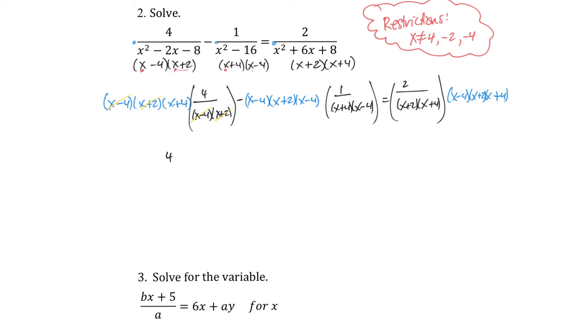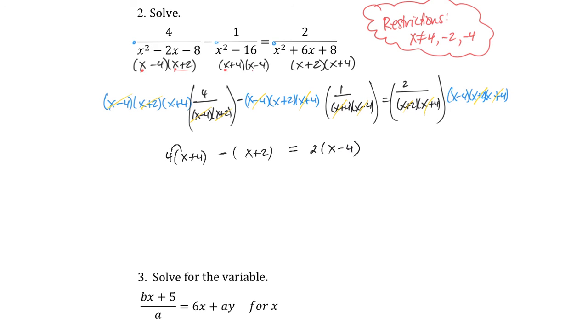So I have here 4 times x plus 4, and then the x minus 4 is simplified to 1, oh, this should have been plus 4, and those divide out evenly to 1, so then I have minus x plus 2, and over here my x plus 2's divide out evenly to 1, my x plus 4's. So I'm left with 2 times x minus 4. Nice linear equation. And now we're ready to solve.